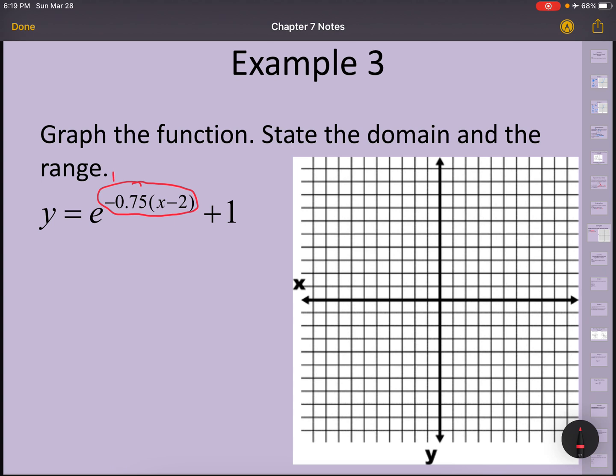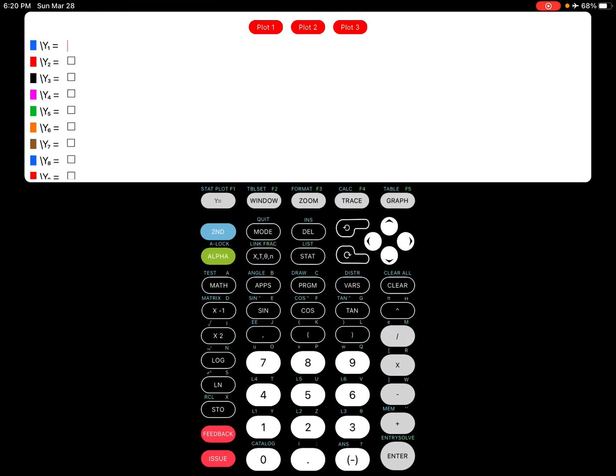Since I have a negative in here, it's less than 0, and whenever r is negative, it should be decay. And before we go graphing, it should be falling from left to right. That's what a decay model looks like. So when we go to do our table, we're going to see if our data from our table matches what our picture should look like for decay. So I need to put that function into the graphing calculator into y equals.